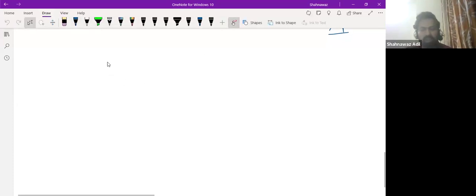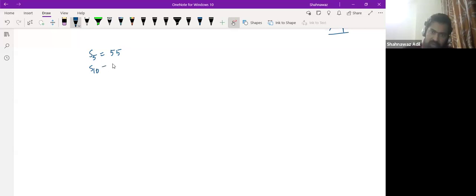The sum of the first five terms of an AP is 55, and the sum of the first 10 terms of the AP is 235. Find the sum of the first 20 and the last 15 terms. So the first 20 and the last 15.